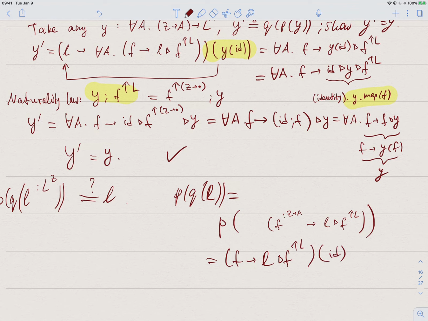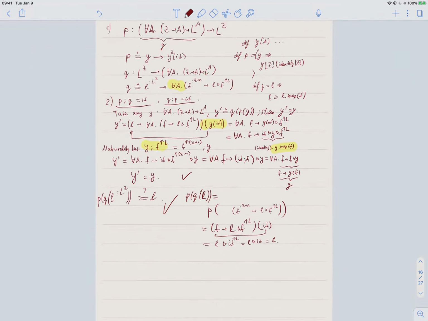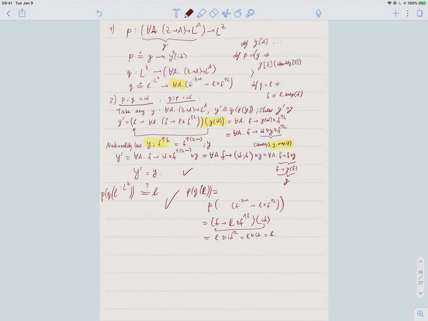So in other words, identity is now F. So this is L identity L. This is L identity. This is L. Let me make it a little nicer. This is a triangle. So this is equal to L. So in this way, we have proved that these two functions are inverses, like P and Q.